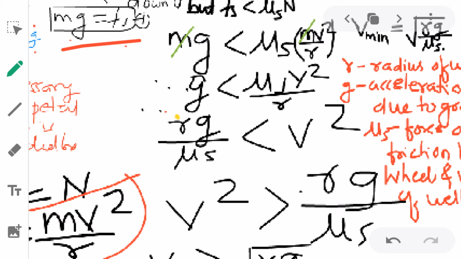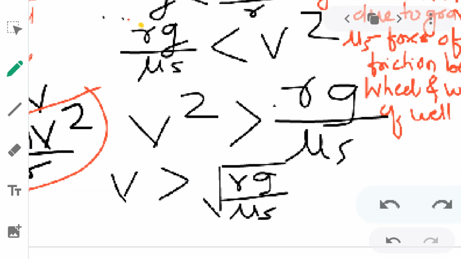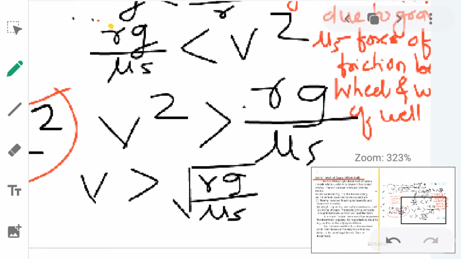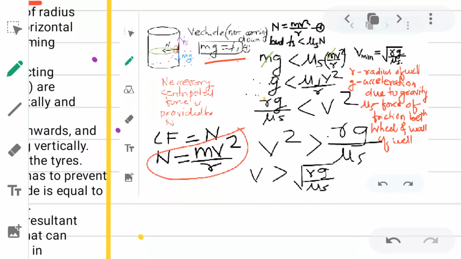Then rg upon mu s is less than or equal to v square. Then v is greater than or equal to under root rg upon mu s. Therefore the minimum speed is under root rg upon mu s, where r is the radius of the wall, g is acceleration due to gravity, and mu s is the coefficient of friction between the tyres and the wall of the well.